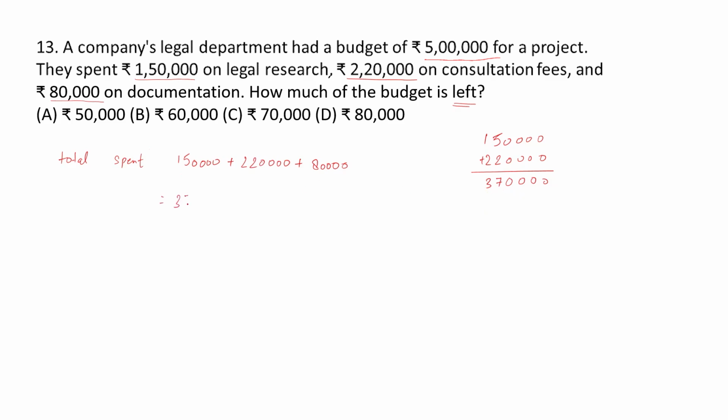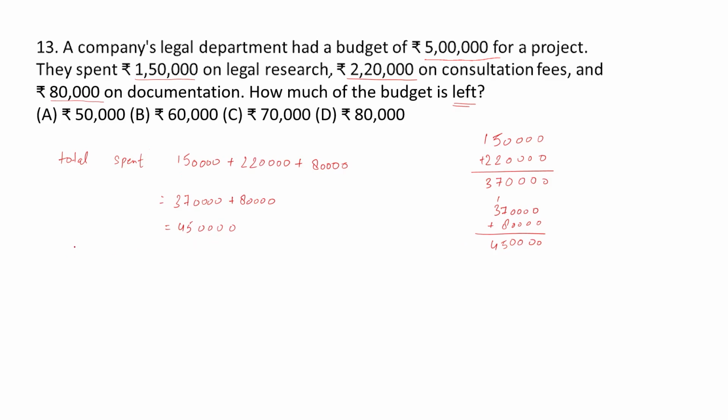So how much have they already spent? 371000. Add them up. 7 plus 8 is 15. One remainder, 4. So 4, 5, 1, 2, right? This much they have already spent.